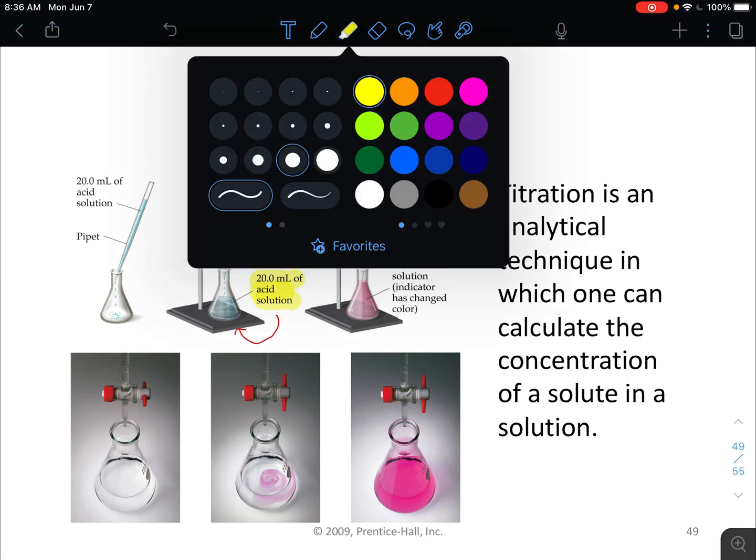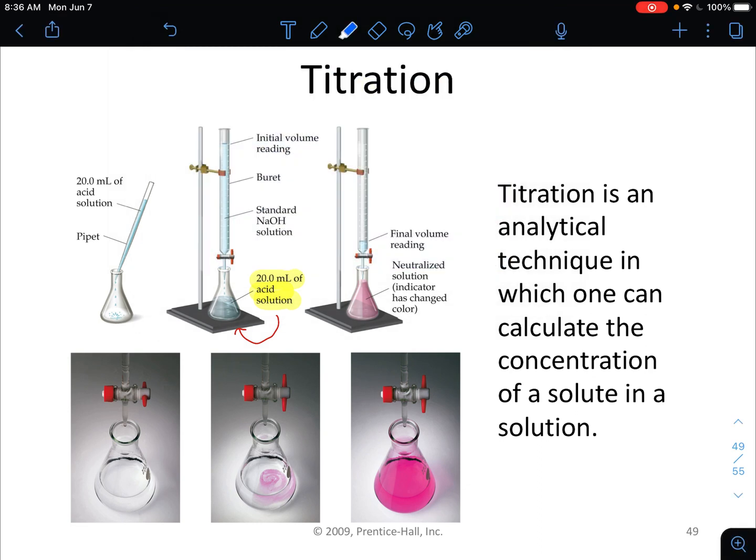Then you have a solution of base in our burette. And the burette, basically, you can very accurately add a certain amount of liquid from it. So in this typical titration setup, we're adding base to the acid, and our goal is to add the correct amount of base to completely neutralize the acid.